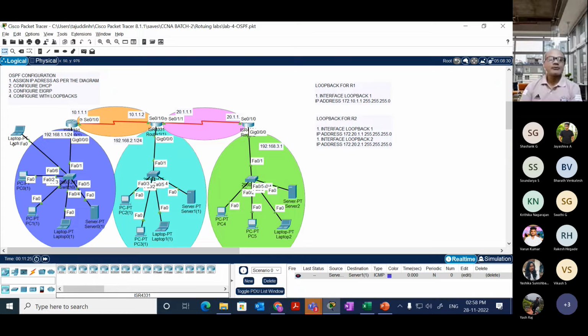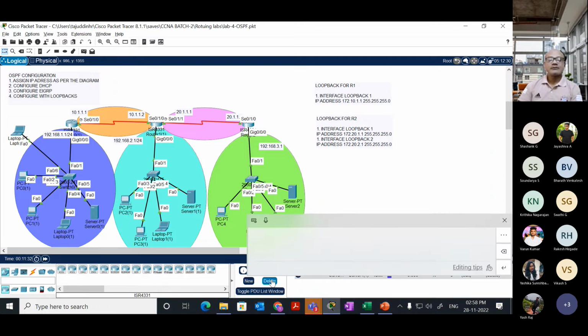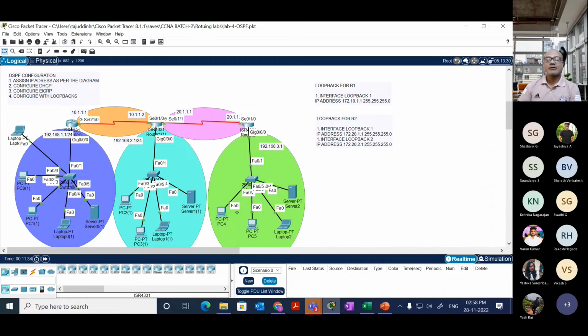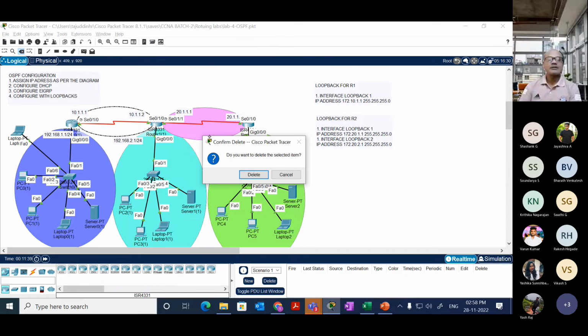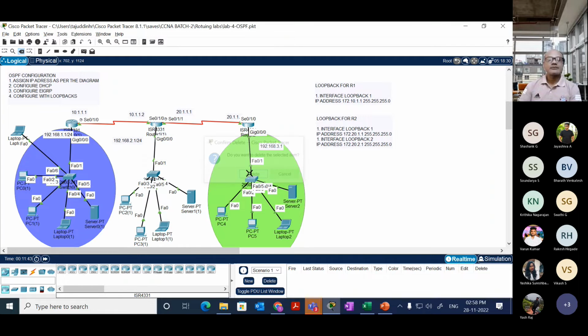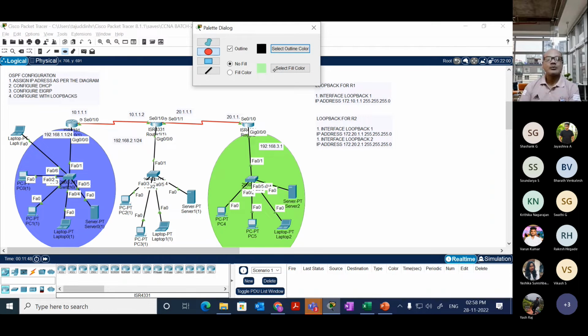What we have to do is remove the EIGRP configuration, and we will take a break. Just remove the EIGRP configuration, and also remove this color.